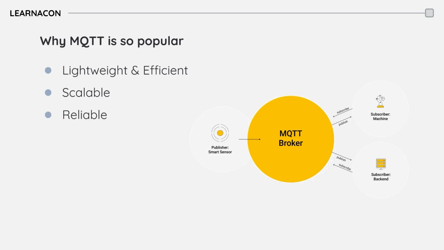Third, it's built for reliability, thanks to features like quality of service and last will and testament, which keep communication stable even over poor networks. And finally, it's secure, using industry standard TLS encryption to keep your data safe. These four strengths make MQTT a top choice for powering the connected world.